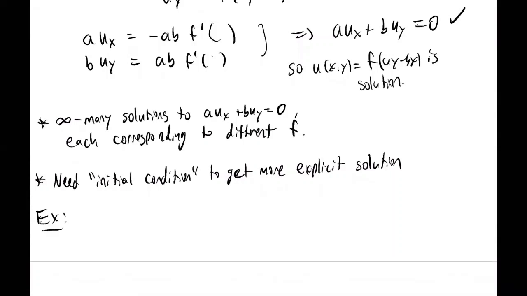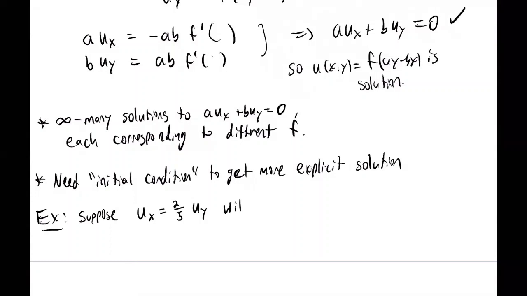Suppose I have the partial differential equation u_x is equal to 2/5 times u_y, where u is a function of x and y.